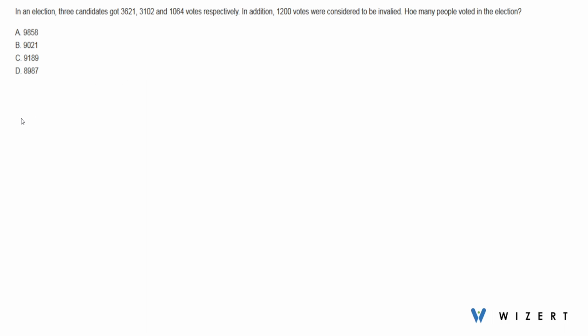So total number of people who participated in the election will be equal to the total number of votes.